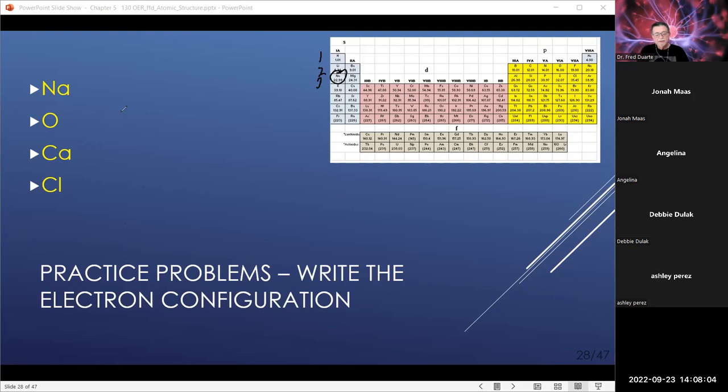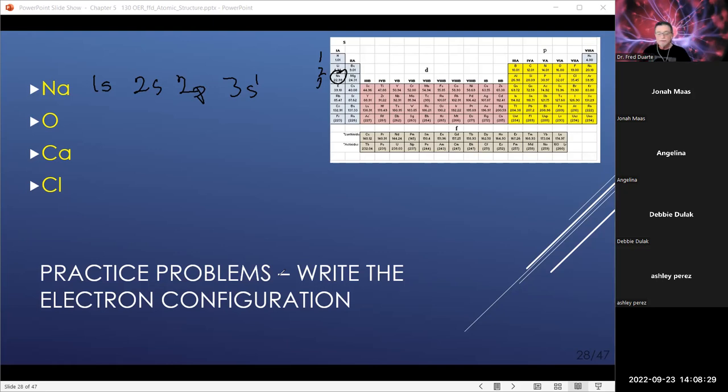Being in the third energy level, I can very quickly go 1s, 2s, 2p, and then 3s. Now, why do I put 3s? Because it's in the first column of the S block, right? And even more so, I can go 3s1.